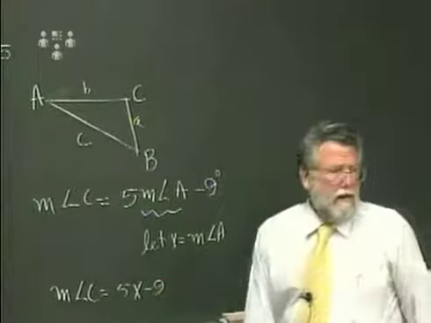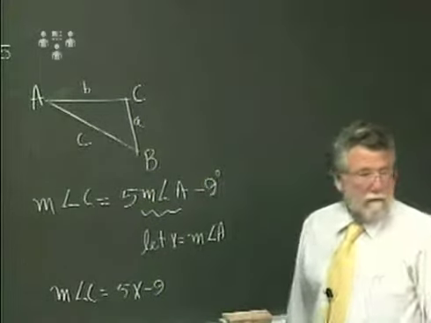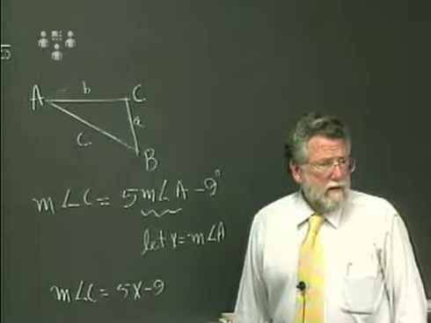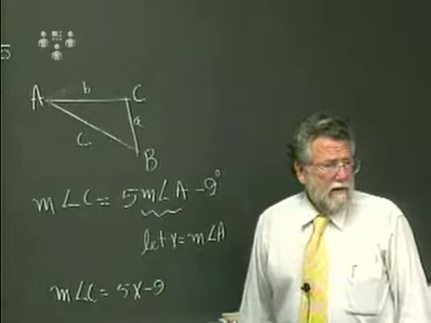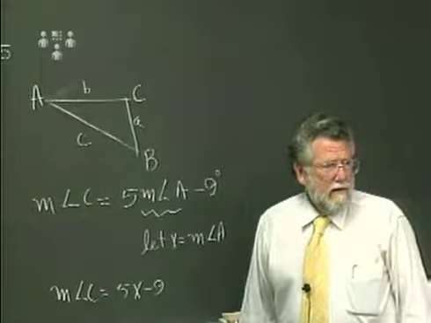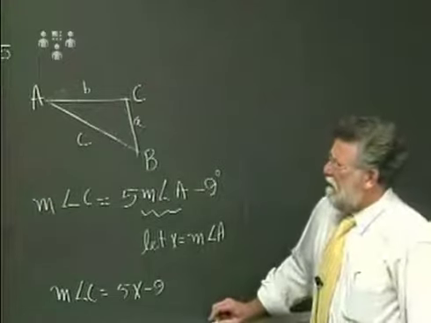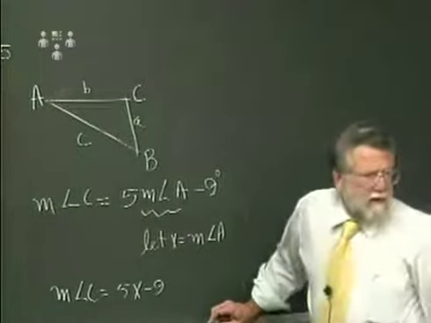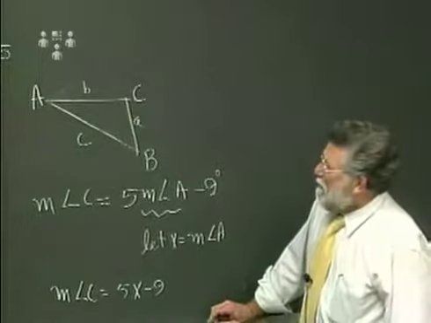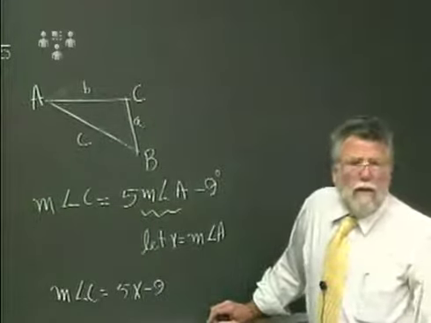Okay, what else? Just restate it. It wants you to find the angles for A, B, and C. But I have to have some other information, don't I? There would be some more information about angle B in terms of A, and then those 3 angles have to add up to 180, and we'd be in business.